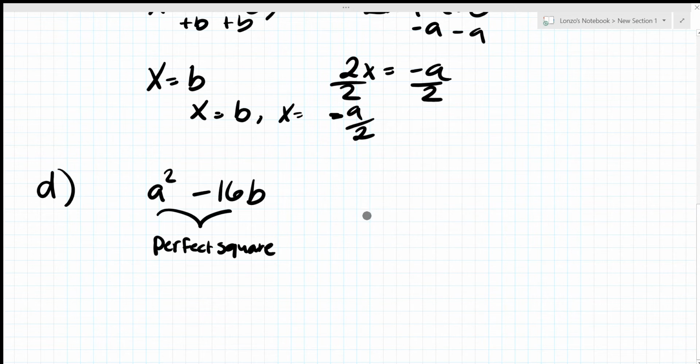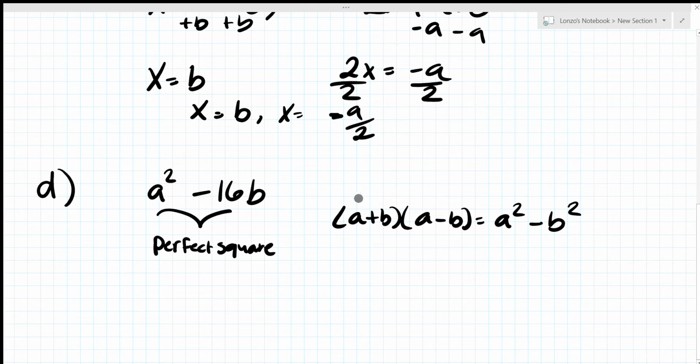The rule is a plus b times a minus b equals a squared minus b squared, right? Okay, so this is the perfect square rule.